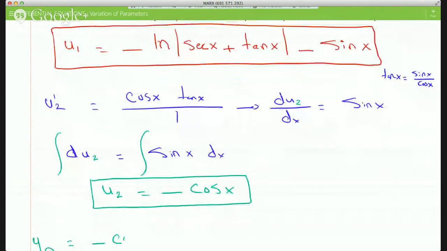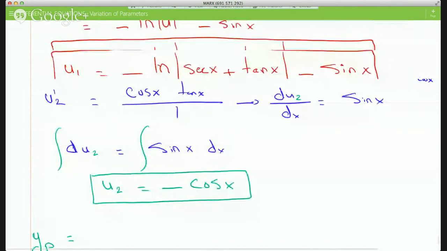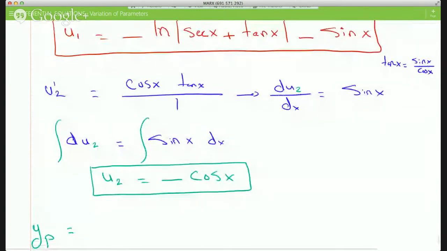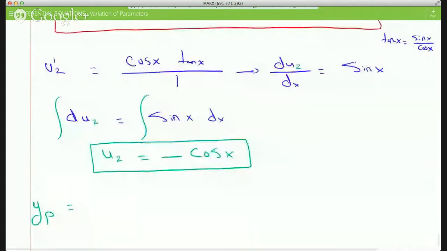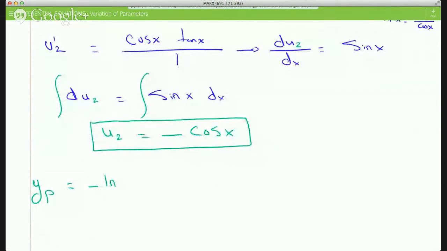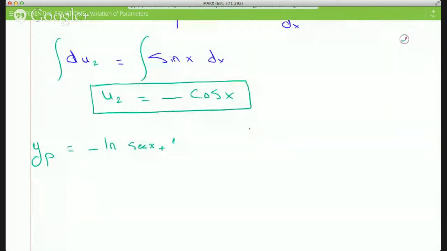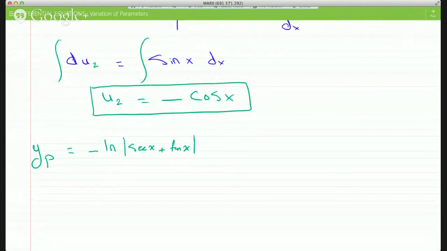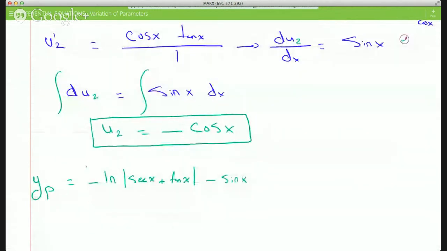So u1 was minus ln secant x plus tan x, minus sin x times y1.